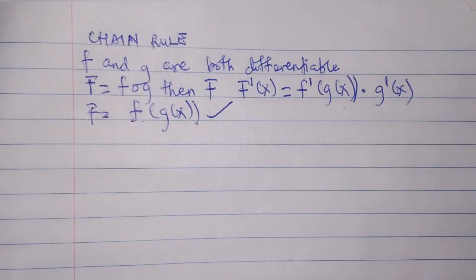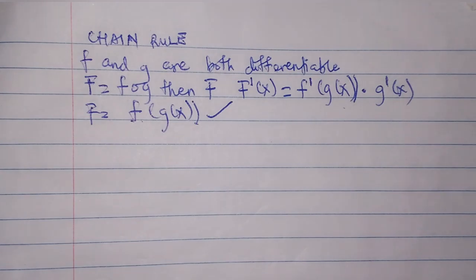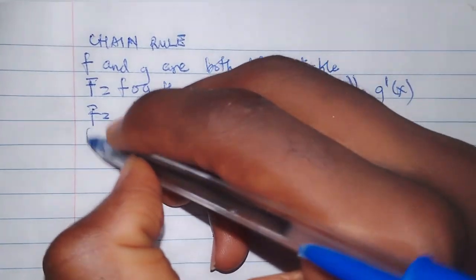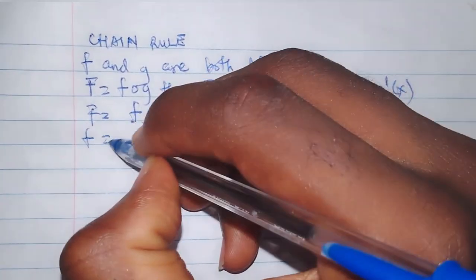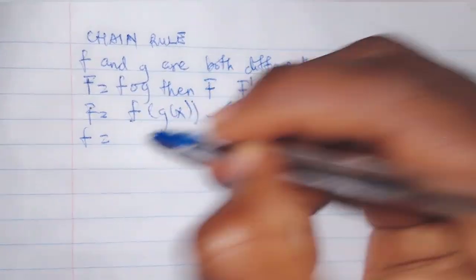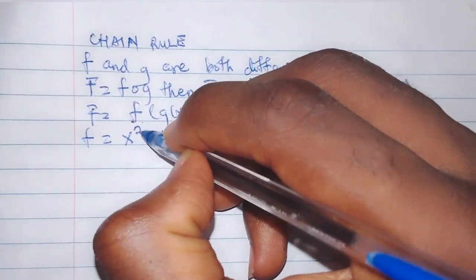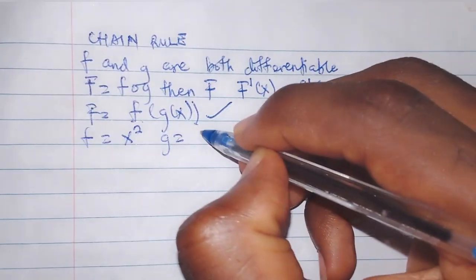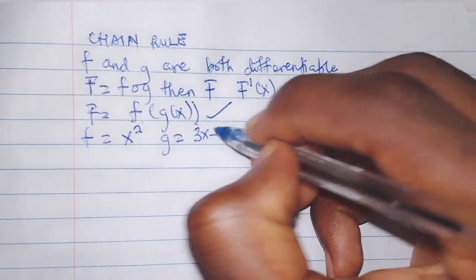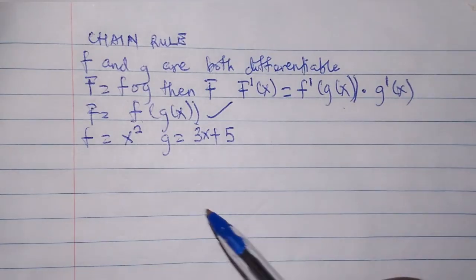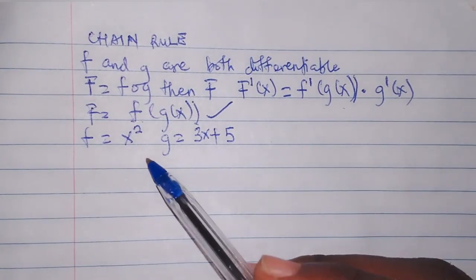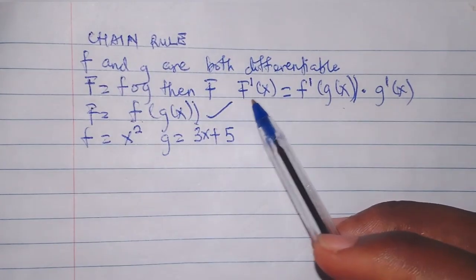So for this, let's take a simple example. Let's say f is equal to x squared and g is equal to 3x plus 5. We want to differentiate the composite function of f and g.